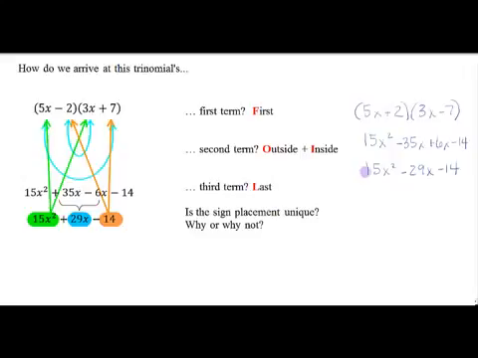So the first and the last are the same, but I don't have the same for the middle. I have the same number, but not the same sign. So this is a different factorization for a different trinomial. So the sign placement definitely is unique. Here, if we have the factors in the same place, but we switch the signs, we'll get the same middle term, but a different sign, which means it's a different trinomial.